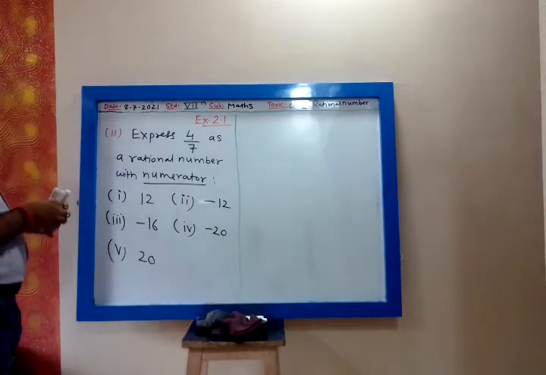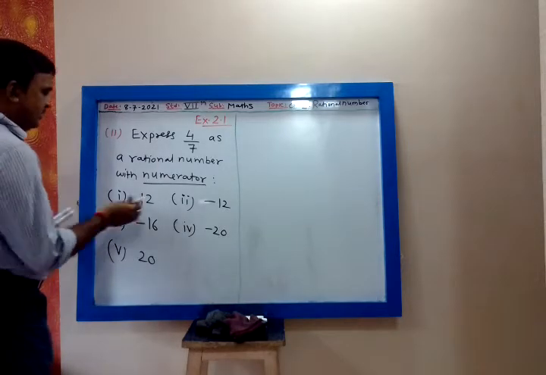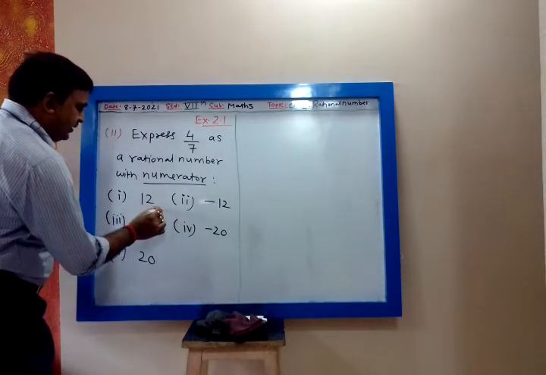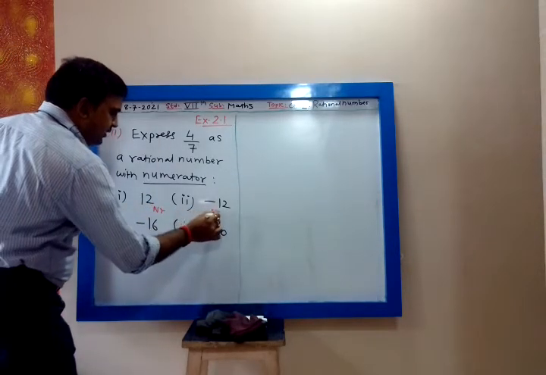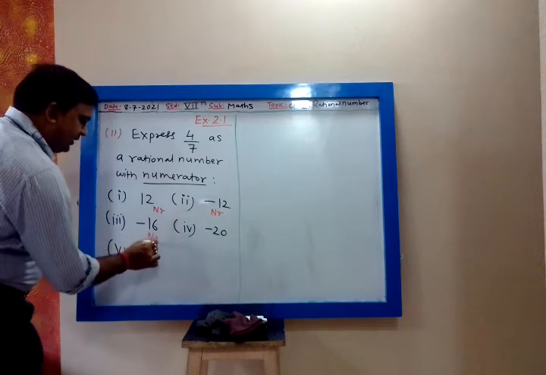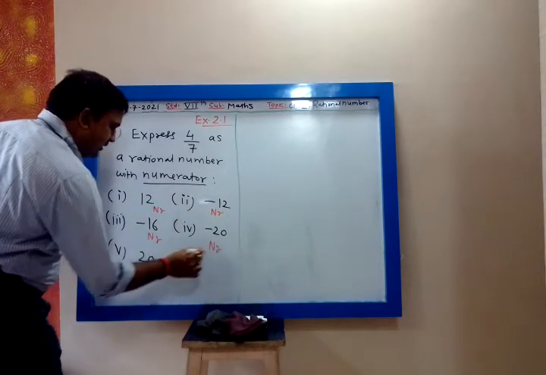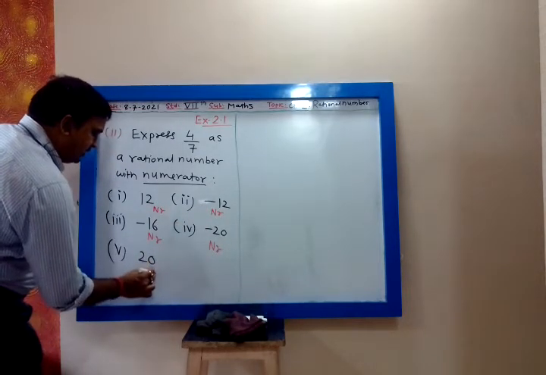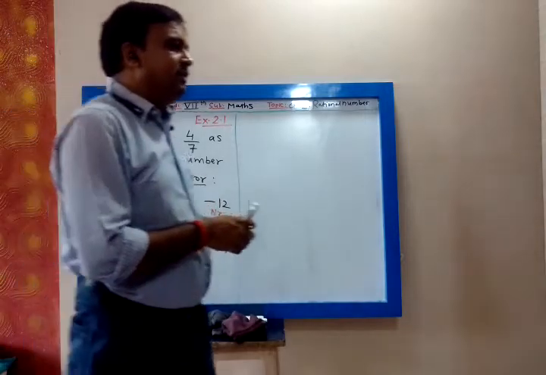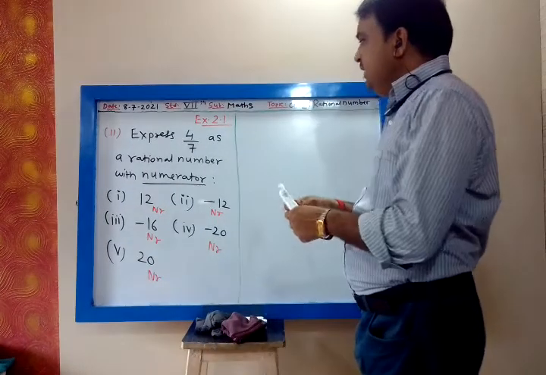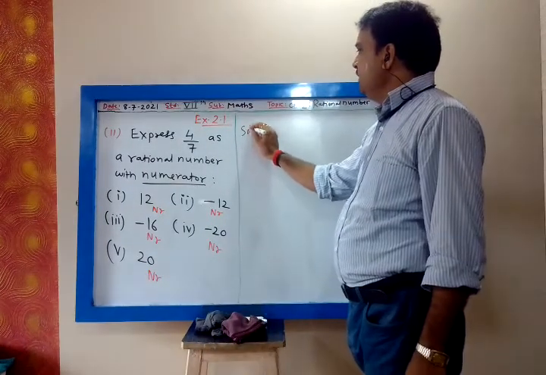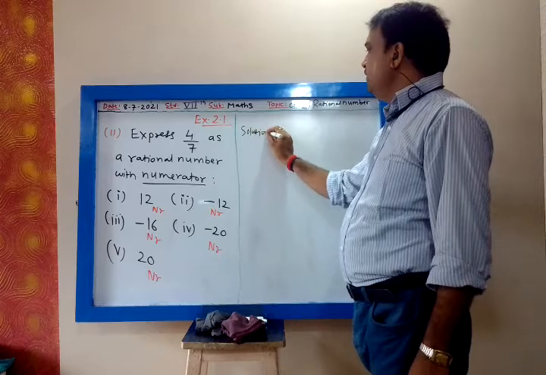So this 4 upon 7 is a rational number, and we have to change the numerator. In 10th we have seen how to change the denominator. Now in this we have to change the numerator.